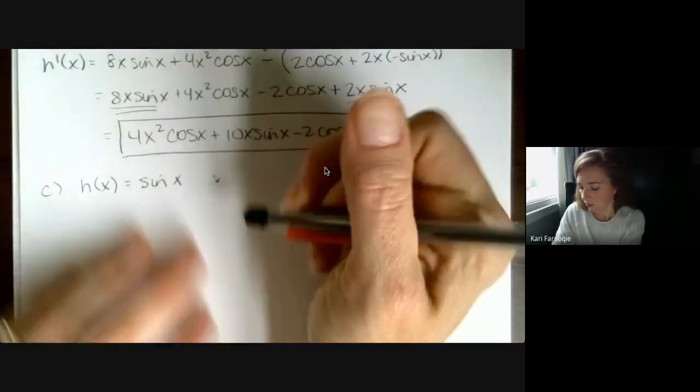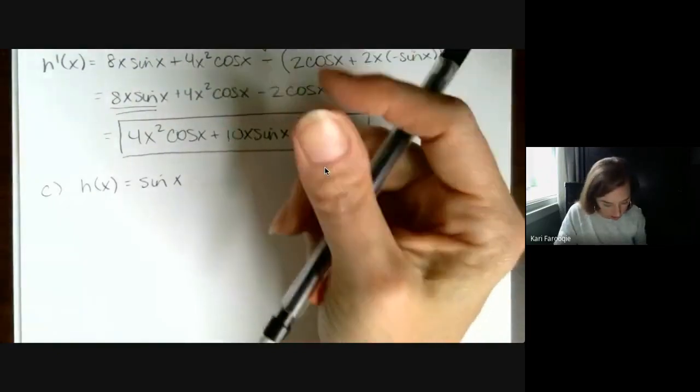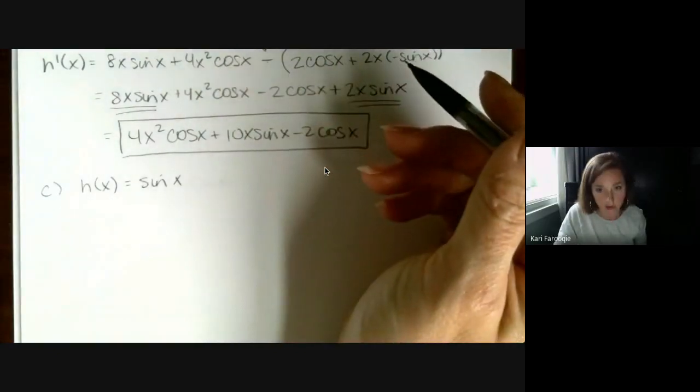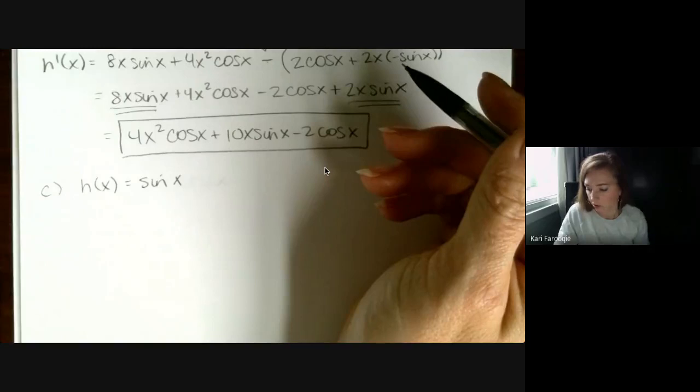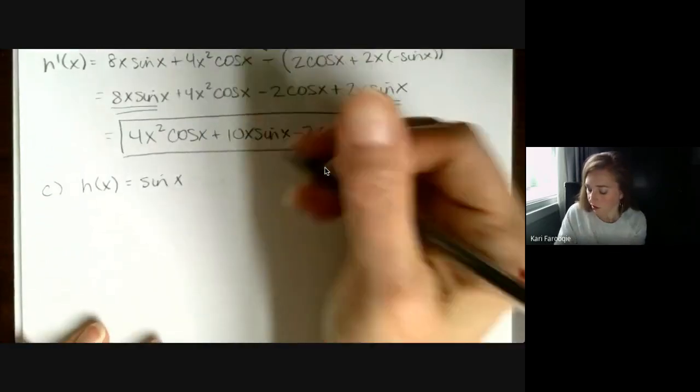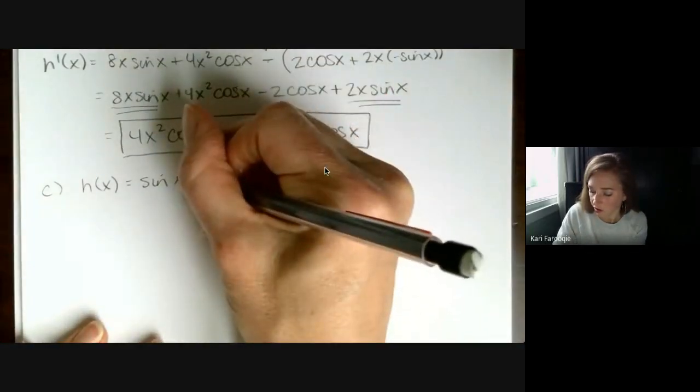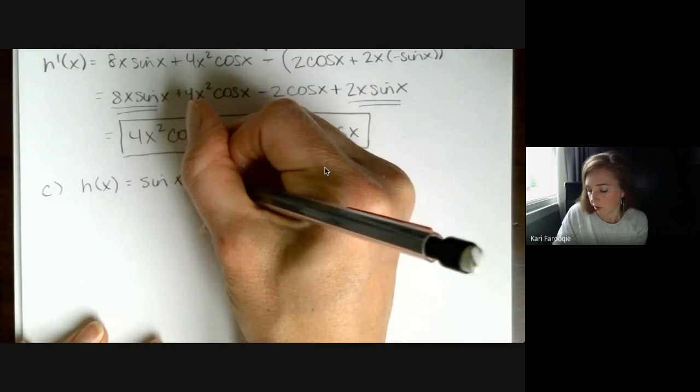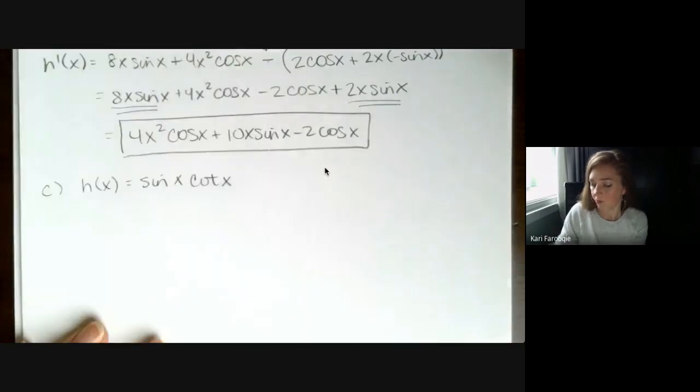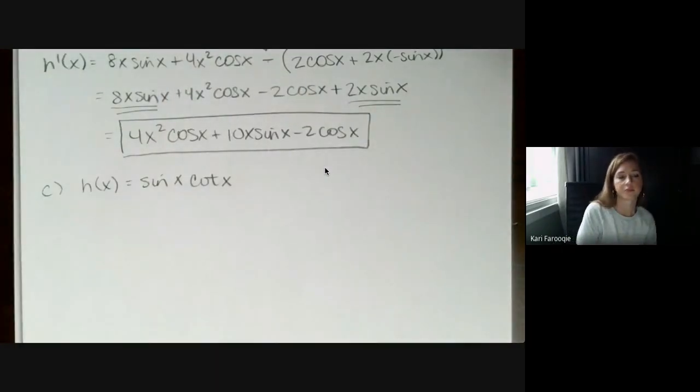The function that I suggested was sine x times cosecant x. Those two are reciprocals, so that would have been a not very interesting function. Let's change it to sine x times the cotangent of x. Sure, why not? We'll see what happens.